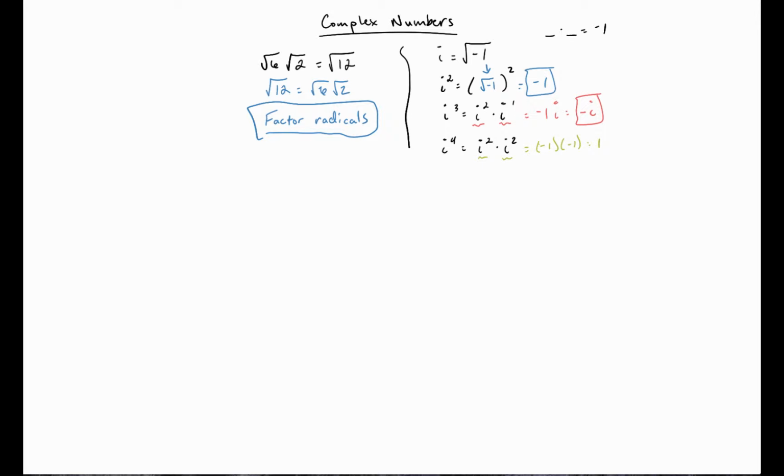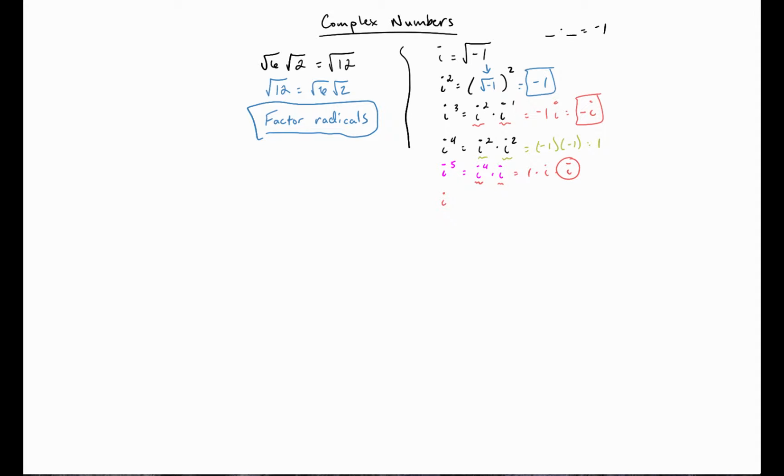And then what we're going to see is that any other number is just going to repeat itself. So we'll just look at one of them for now, i to the fifth. Well, i to the fifth I could just rewrite as i to the fourth times i. Well, i to the fourth is just 1, so 1 times i is just i.